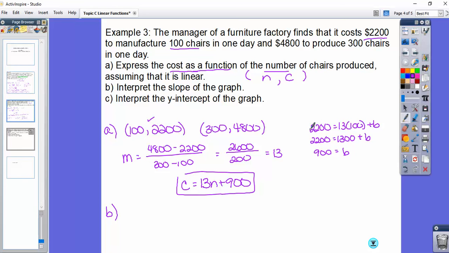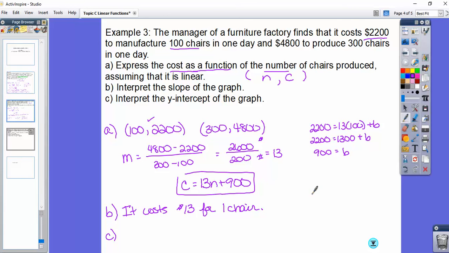So the slope, 2600, that represented the dollars. The 200 was the number of chairs. So it costs $13 for one chair. See the y-intercept, that's my 900. Your y-intercept is the value of y when x is 0.